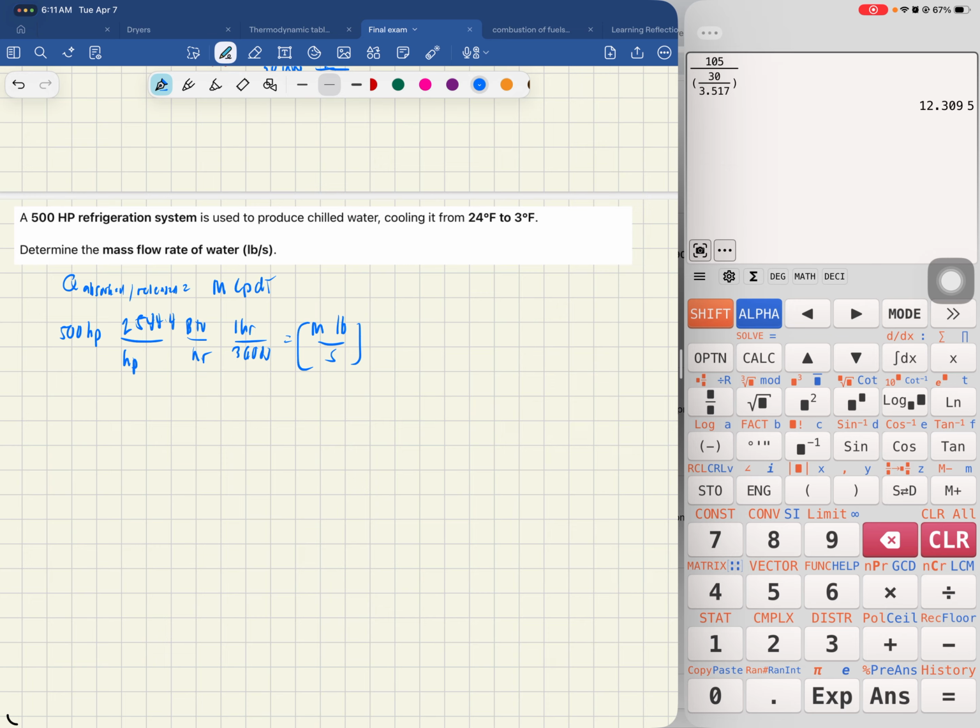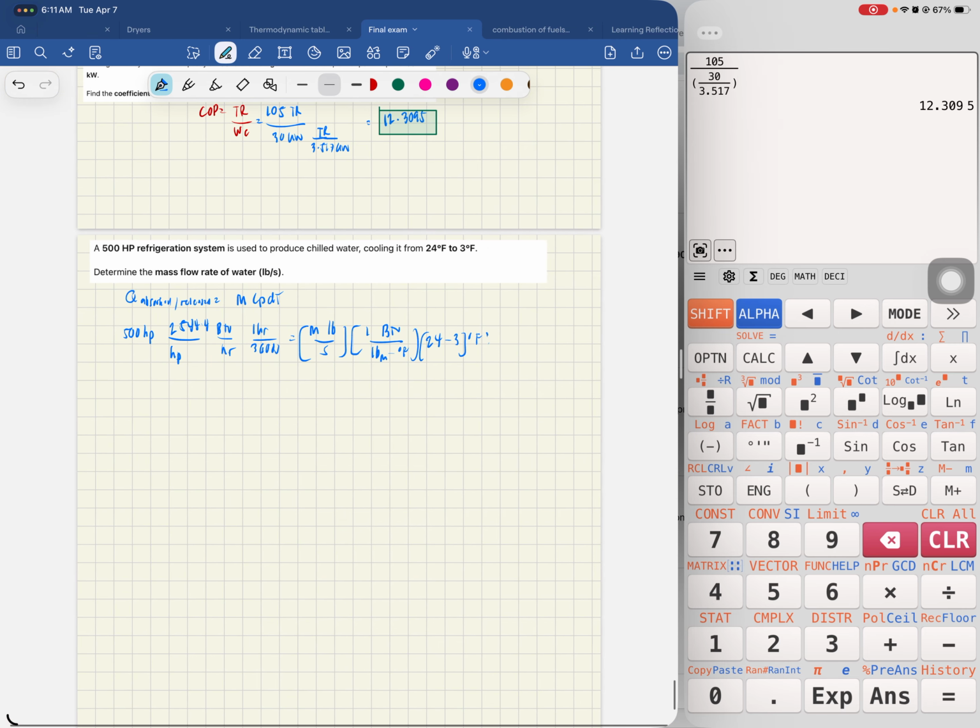The CP of water in BTU is simply 1 BTU per pound mass degrees Fahrenheit. And the temperature difference, if we account for it, so M should be what?